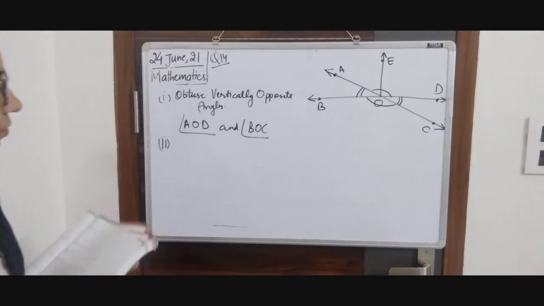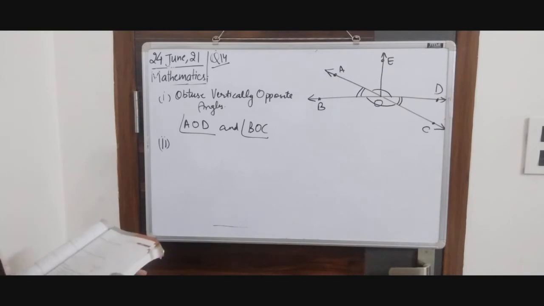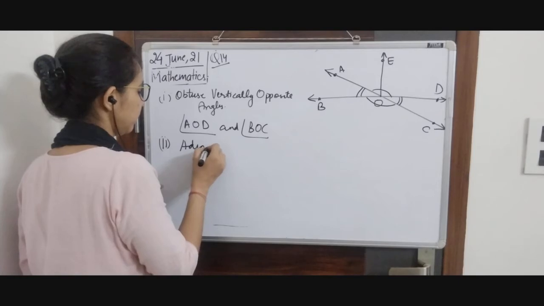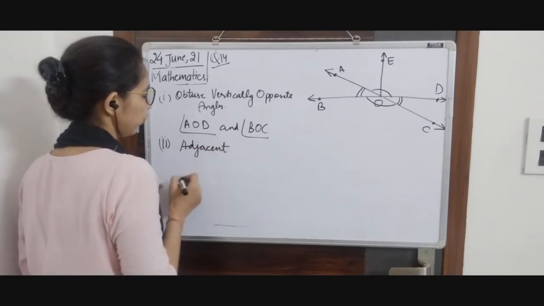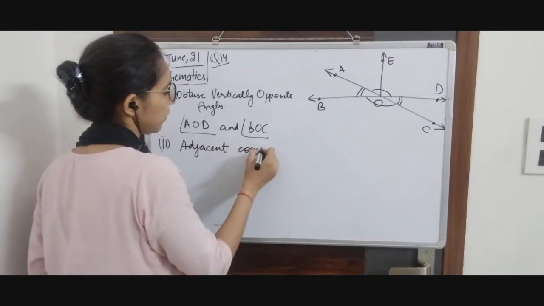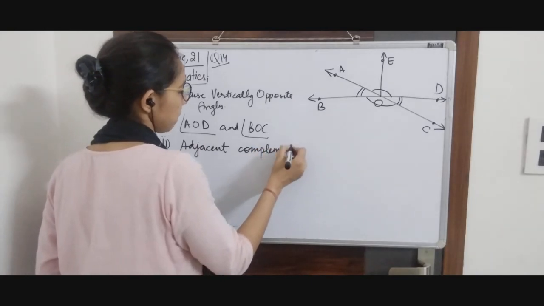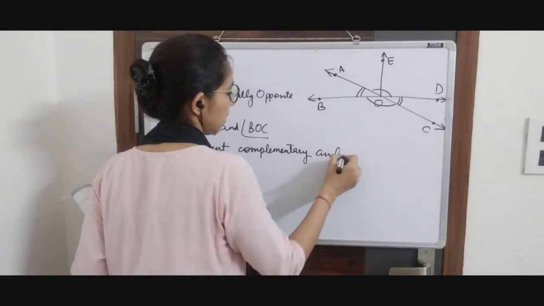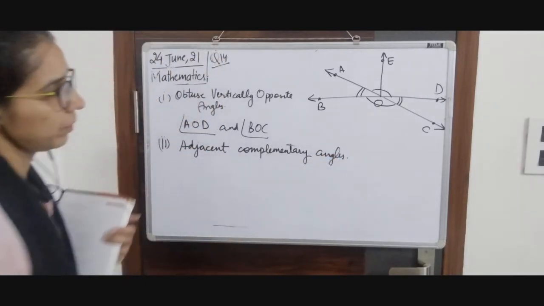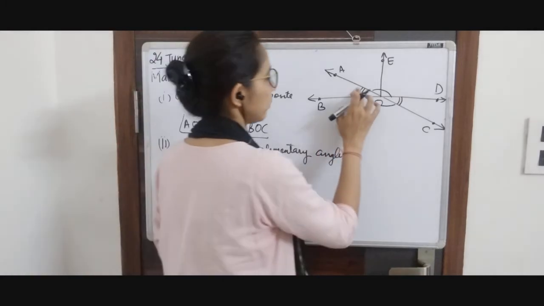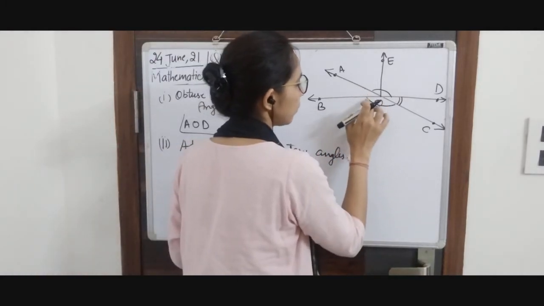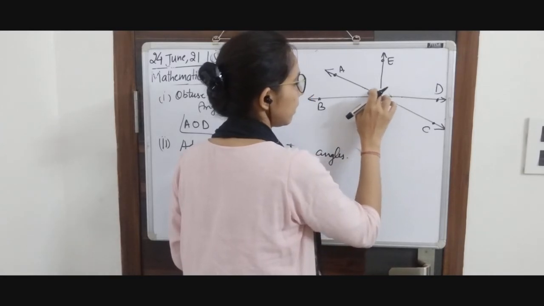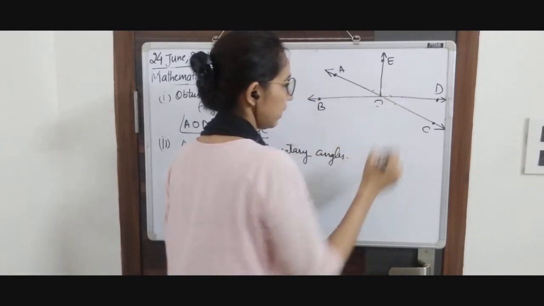Second one, adjacent complementary angles. Adjacent, we have to check the three conditions for that. Complementary means their sum is going to be 90 degrees. Now in this figure, we have to find an angle of 90 degree, and if we see clearly, we can see one right angle.